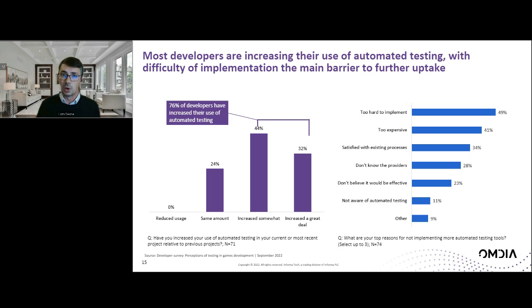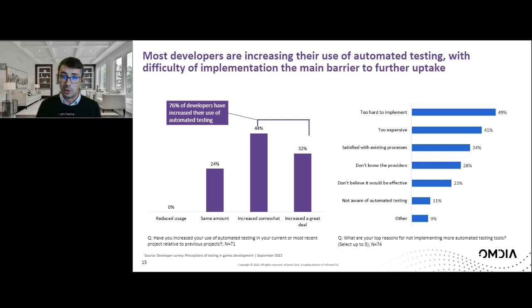But at the same time, we saw earlier that it's a bit of a slow process, and particularly for certain kinds of testing, there's still a long way to go in terms of automation. So to understand a bit more about why that is, we also probed around the reasons for not implementing more automation testing. And usually it's the perception that it would be too difficult to implement. That's the number one reason.